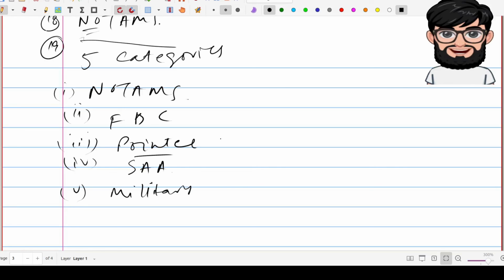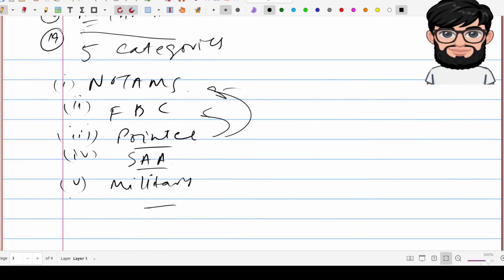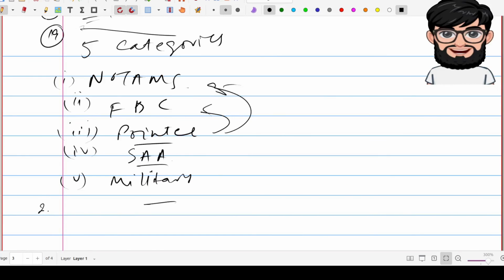So they may be pointing to the FDC NOTAMs or directly to the NOTAMs, telling you to check out the other NOTAMs. SAA are issued by the Special Activity Airspace. And the military NOTAMs pertain to any US Air Force, Army, or Marine matters, issued by them or related to them.